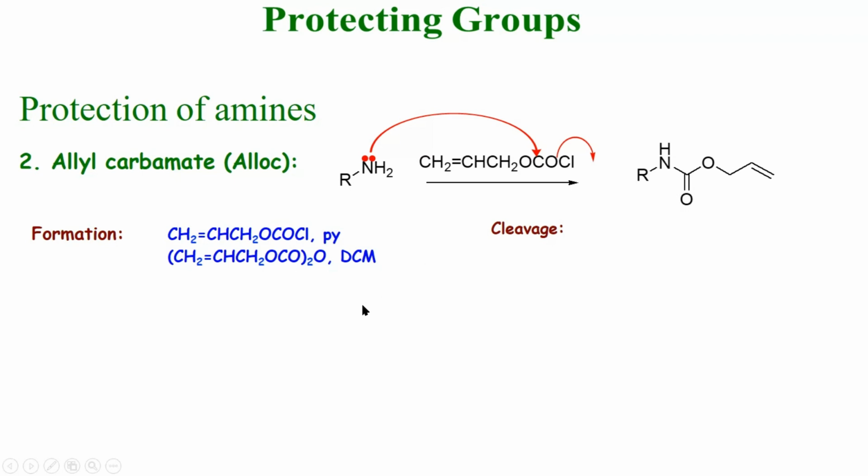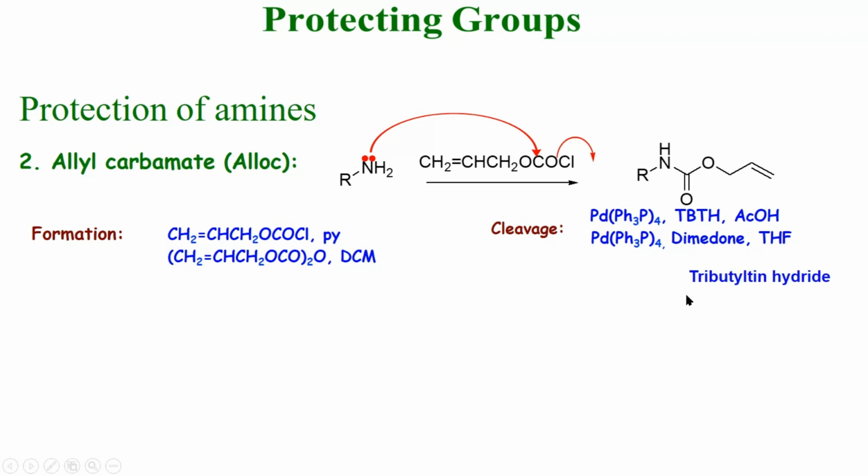The allyl carbamates formed can be reductively cleaved by using tetrakis(triphenylphosphine)palladium along with TBTH. TBTH stands for tributyltin hydride, in the presence of acetic acid.